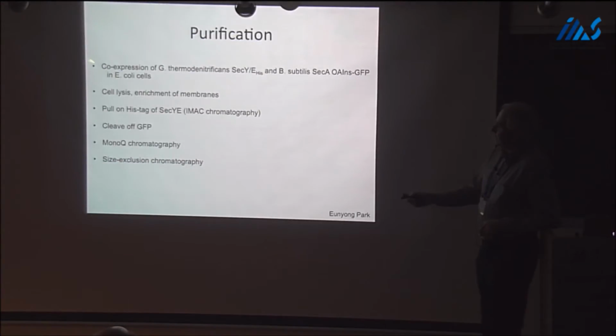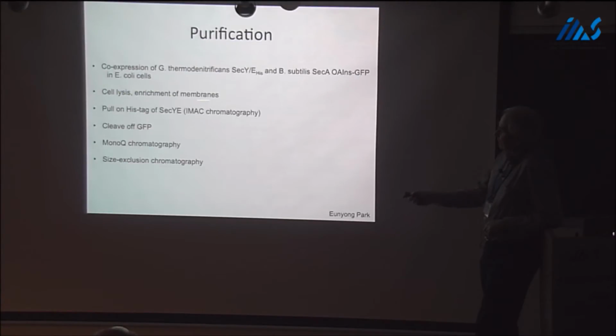So what we do is we co-express in E. coli the SecYE complex. We left out the SecG because it's not needed. And then also express this fusion protein between SecA and the substrate. We also have a GFP at the C-terminus.